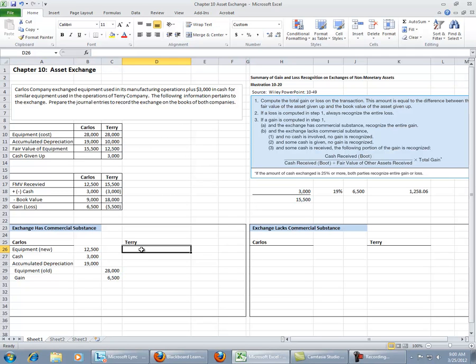For Terry then, we'll record the new equipment value. We'll write off our old equipment. We'll record the cash.